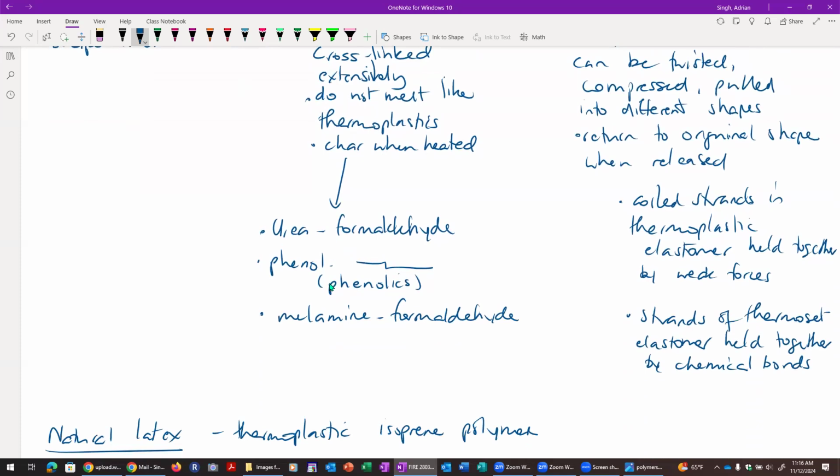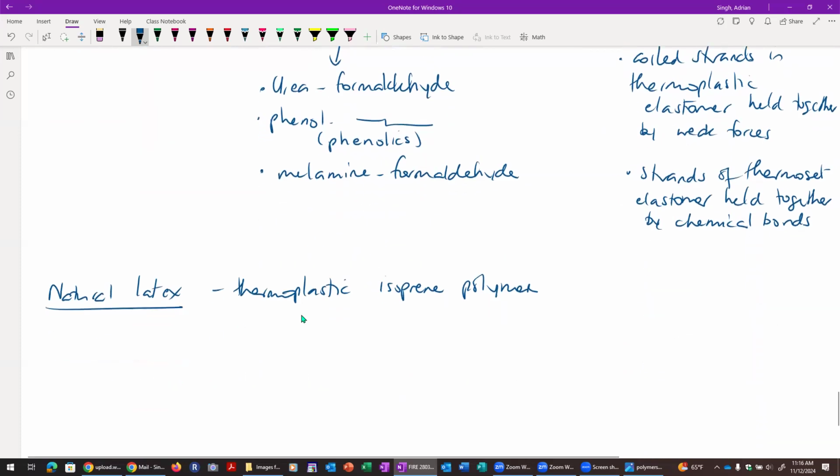Now, rubber itself, and where it's used, for example, in tires, it's not just natural latex itself, right? It can be altered through a process called vulcanization, which chemically hardens it by cross-linking with sulfur.